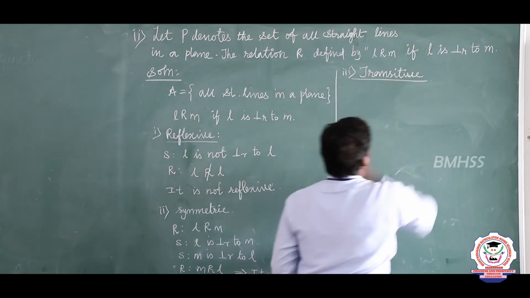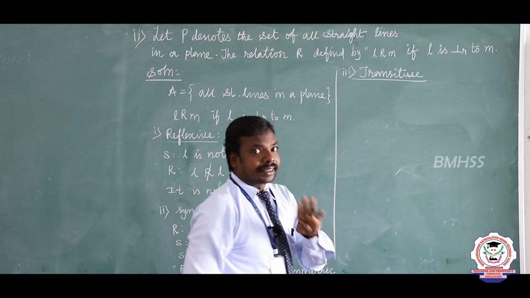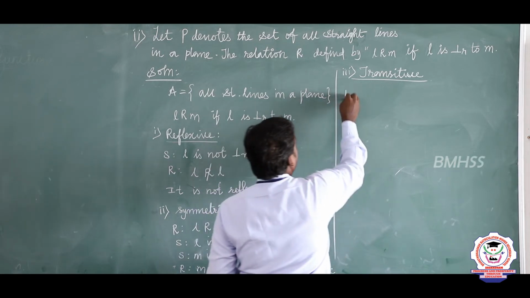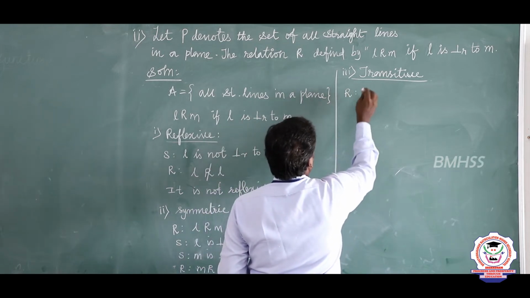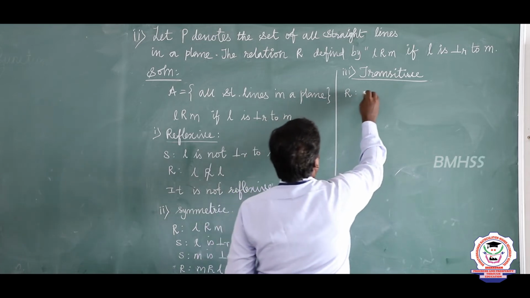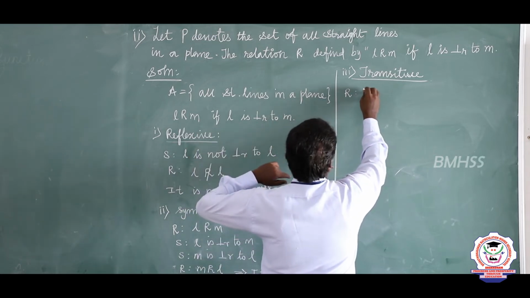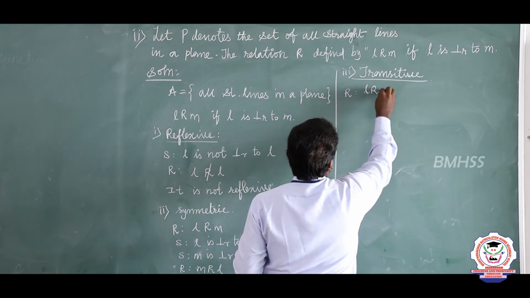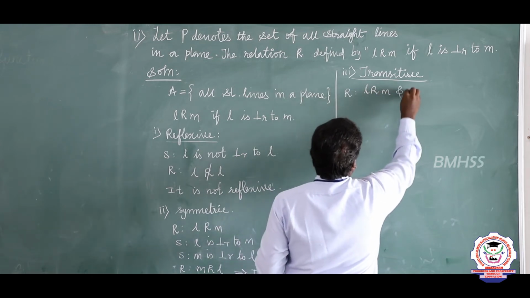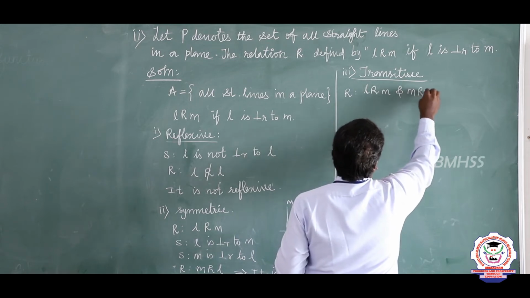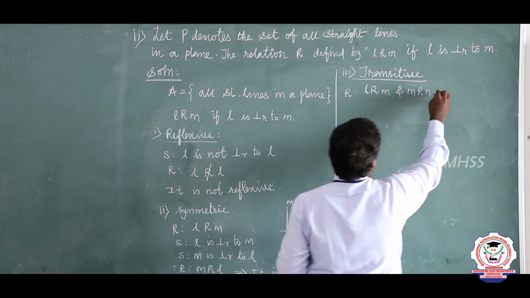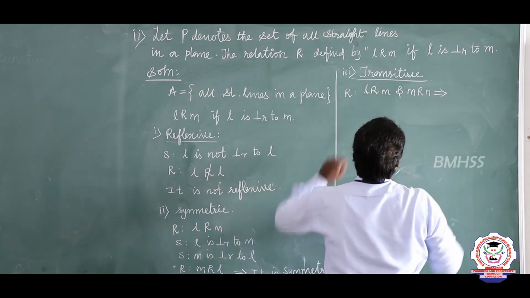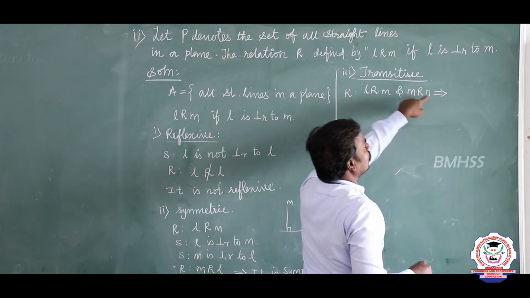In the transitive relation, we need three lines. First, L is related to M and M is related to N. Finally, L should be related to N.